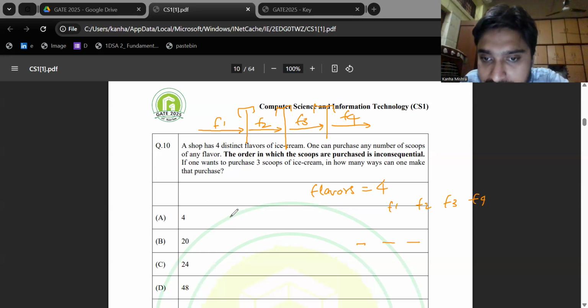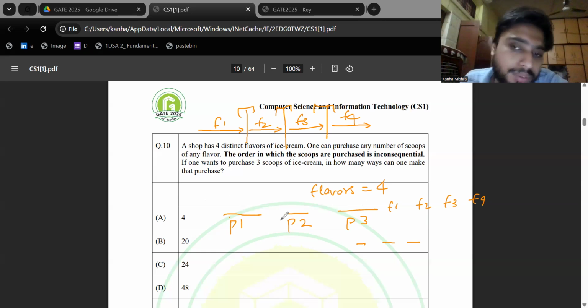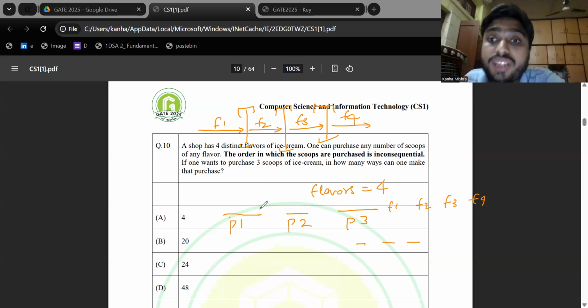These are the three places, place one, place two, and place three, where I need to fill these flavors. So I just need to figure out how many ways I can arrange these bars: three places for the flavors and three extra places created because of these bars.